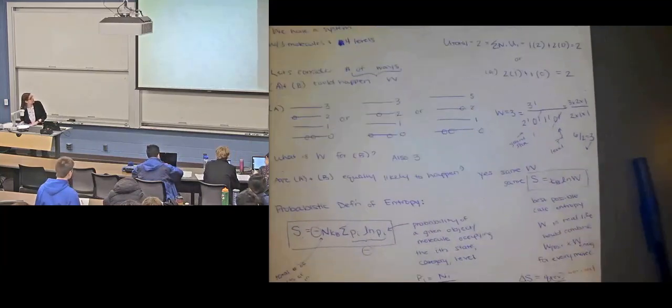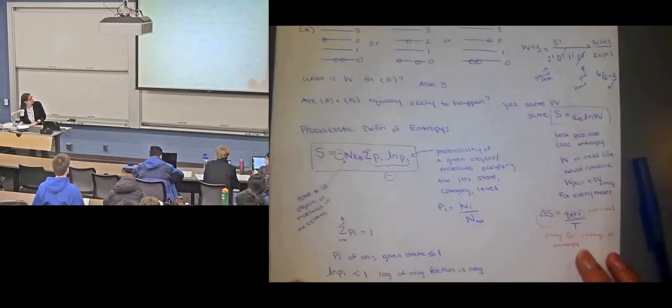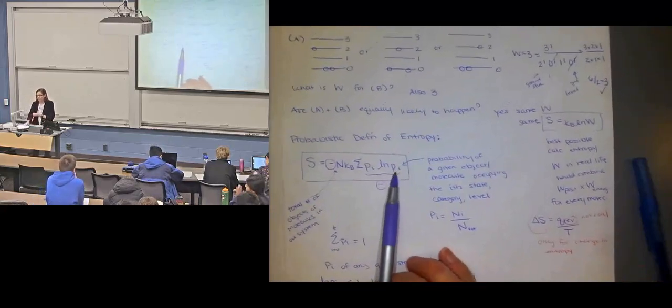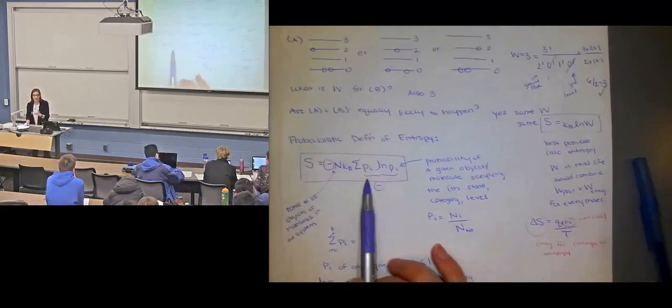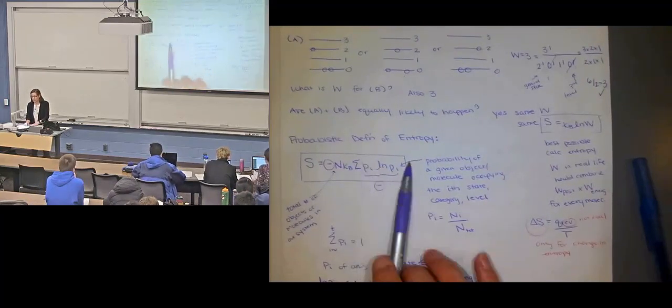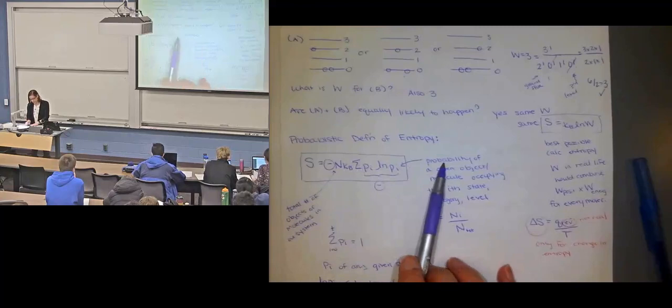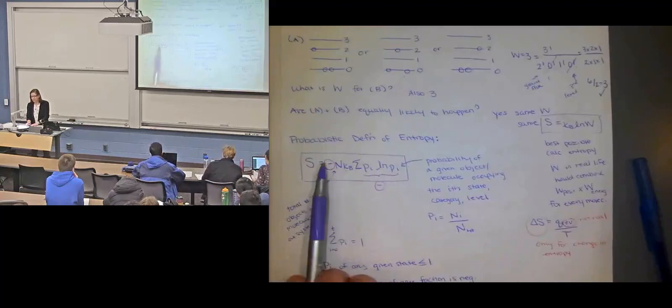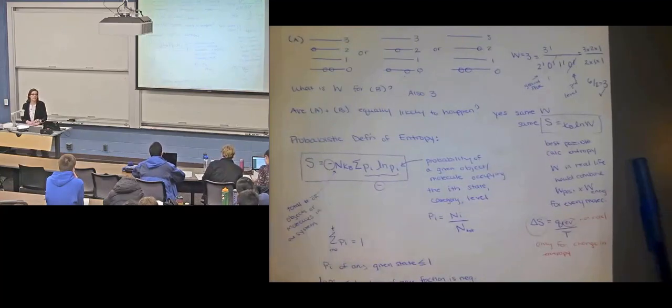The natural log of a fraction is going to be a negative number. This is always going to be some positive fractional value. So this whole piece, I'm summing up a whole bunch of negative things. This is a number of objects or molecules, which will never be a negative value. Boltzmann is always a constant. So I need this negative here to guarantee that entropy is always a positive value.